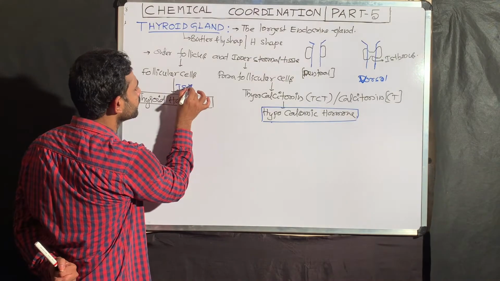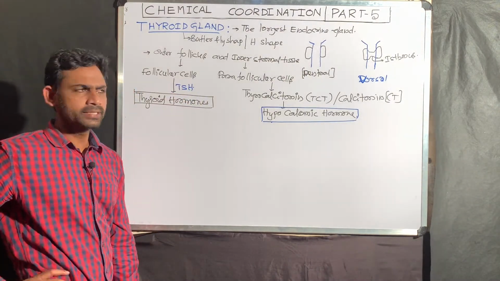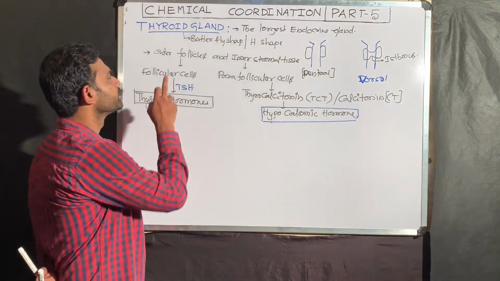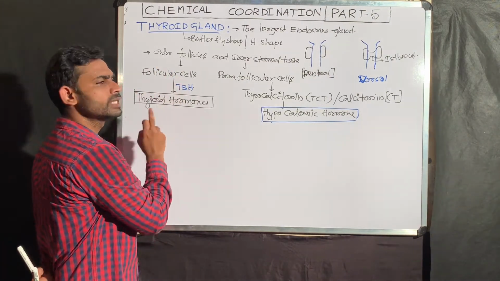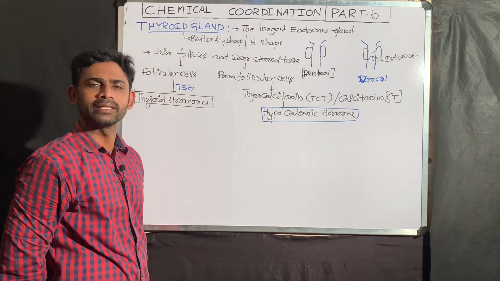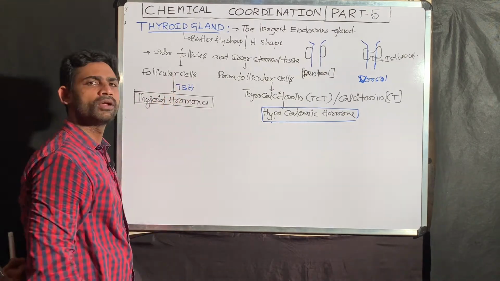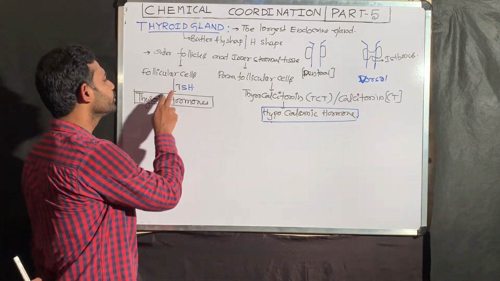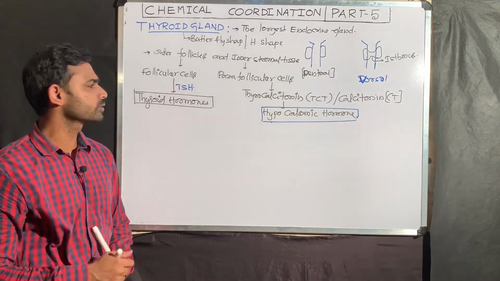That is TSH, thyroid stimulating hormone. You can understand like this: the follicular cells of the thyroid gland produce the thyroid hormones under the stimulation of TSH. Otherwise, TSH stimulates the follicular cells to produce the thyroid hormones. Wait for me. I will tell you about the thyroid hormone.